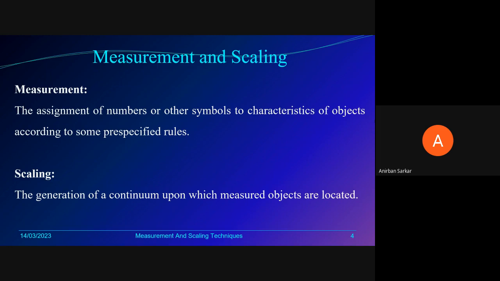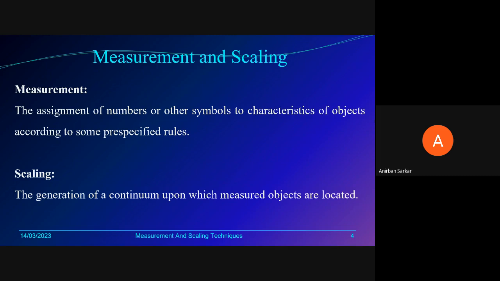In order to do that, you are assigning numbers or symbols to those characteristics. So measurement is assigning numbers or symbols to the characteristics of the objects that you have already identified. Why do you need to measure? Why do you need to assign numbers? Because if you cannot assign numbers, you will not be able to do any statistical analysis on the data that you have collected.